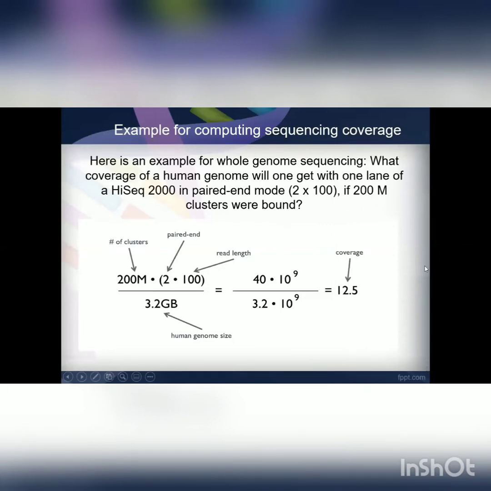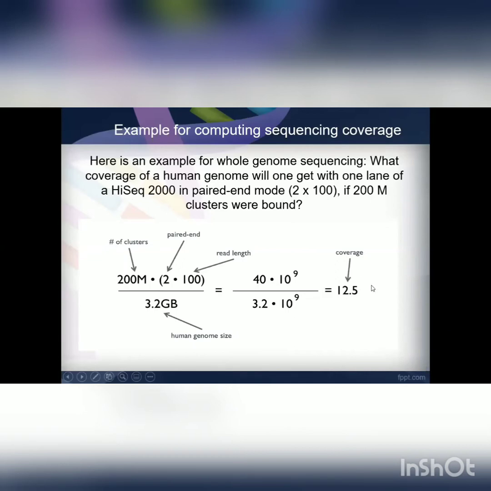So this formula is used where 200 million represents the number of clusters, 2 represents being paired-end, 100 is the read length, divided by 3.2 GB, which represents the human genome size. And after computing, you'd get a 12.5 coverage.